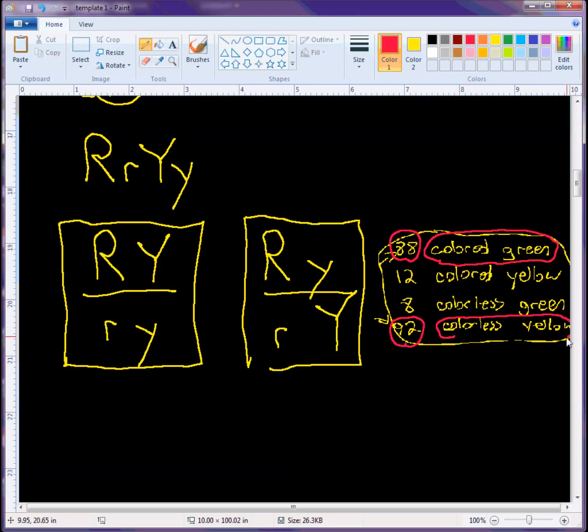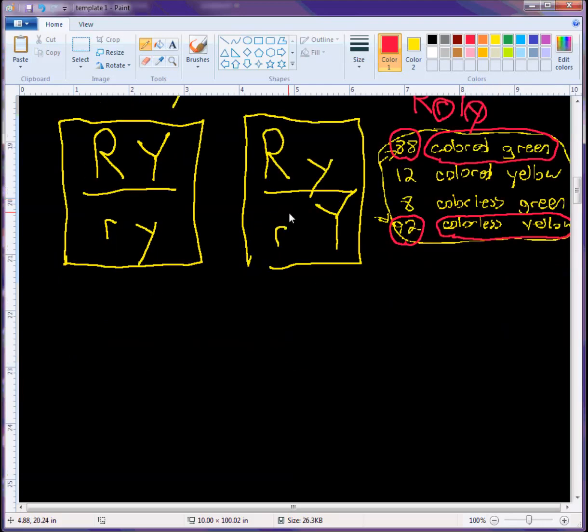So the most predominant phenotypes or genotypes in the progeny are, no pun intended, big R, little r, big Y, little y. Remember, these are coming from the test cross parent, the homozygous recessive for both R and Y parent. And this genotype down here, little r, little r, little y, little y.